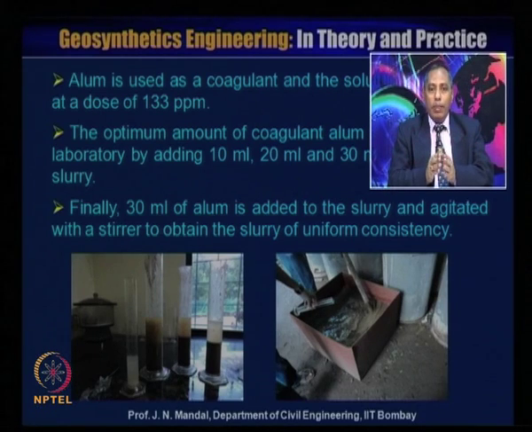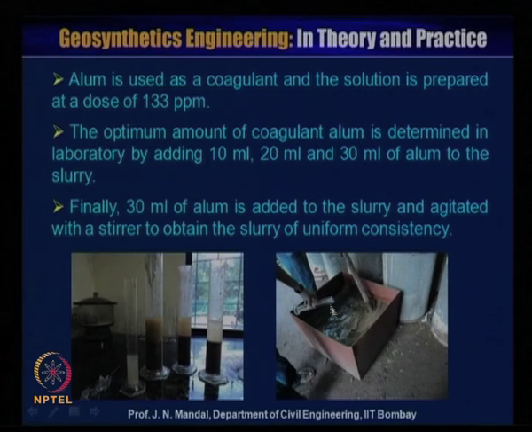Finally, 30 ml of alum is added to the slurry and agitated with the stirrer to obtain a slurry of uniform consistency. This is very important, that you should prepare the sample with uniform consistency. So, you have to check what amount of alum is to be added to the slurry in order to prepare a proper uniform consistency of the slurry.